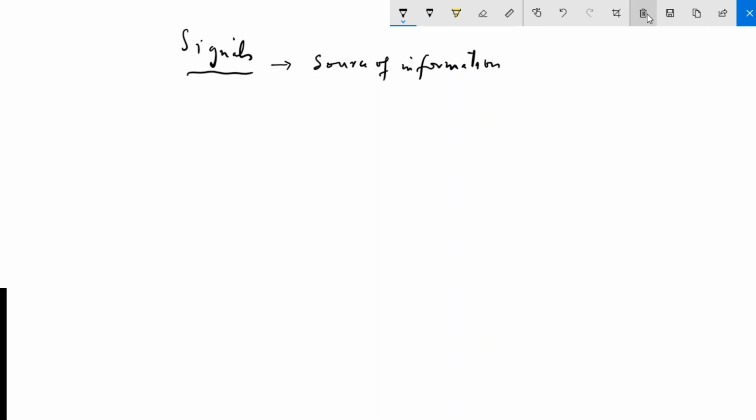Every signal has some information, and the purpose of signal processing is to extract this information from the signal. So mathematically a signal is defined as a function of one or more independent variables.